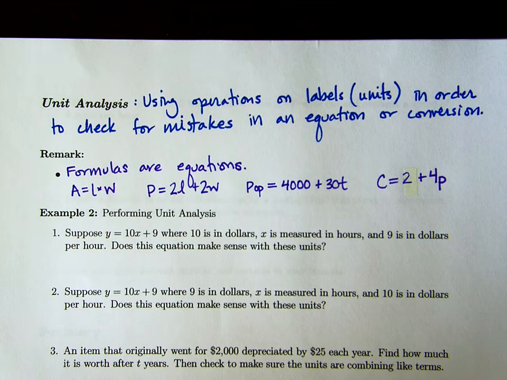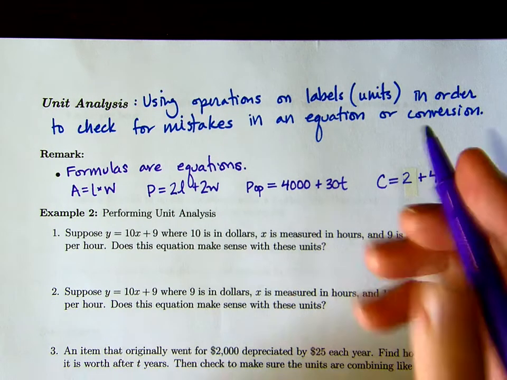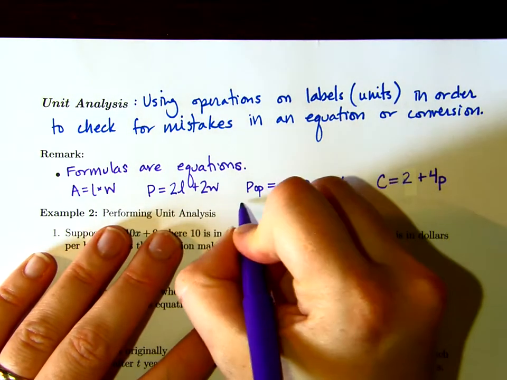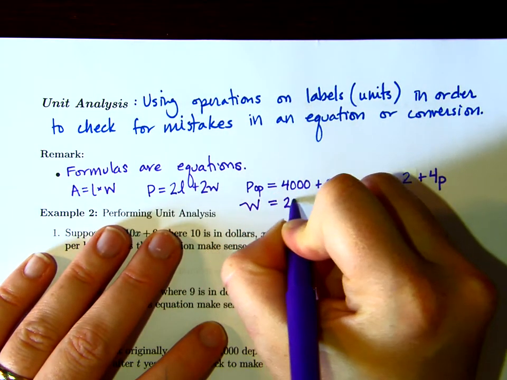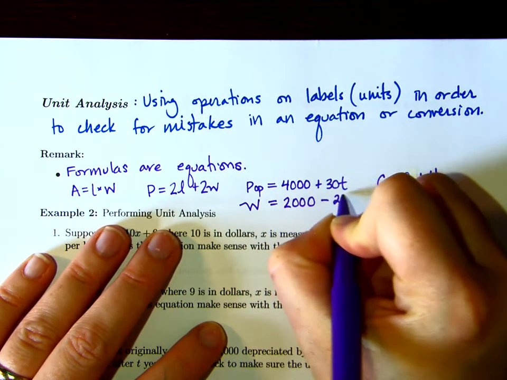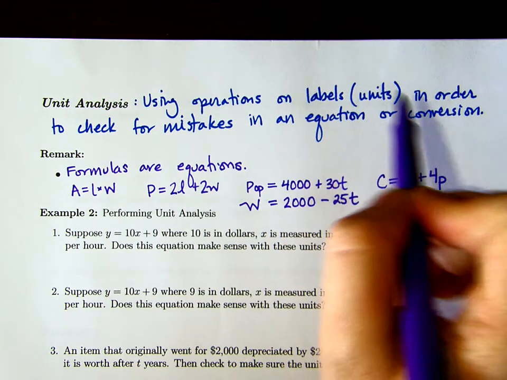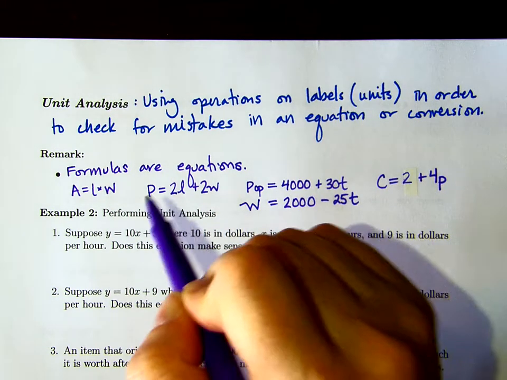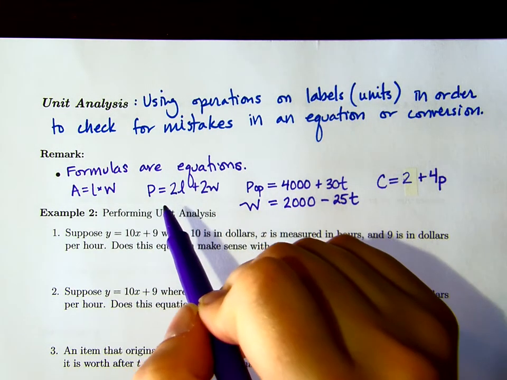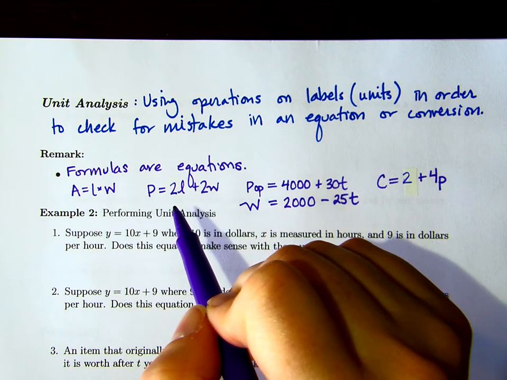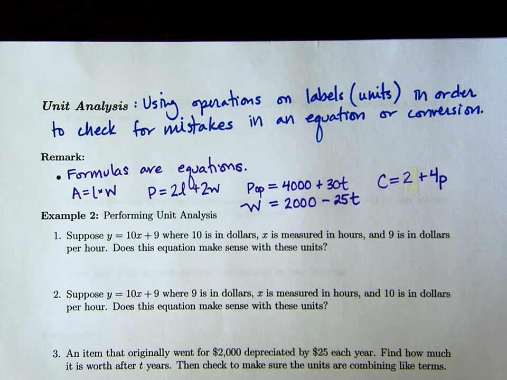We just did one with value, where worth equals $2,000 take away 25T, where it's depreciating by $25 each year. There's just a lot of formulas and equations that we know, and we see all of these variables. We just need to keep track of them.